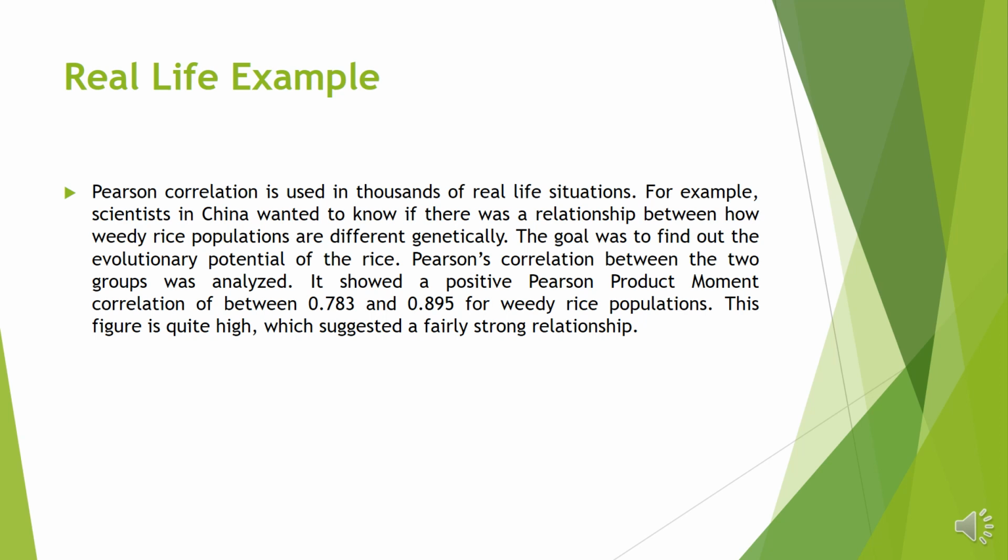The goal was to find out the evolutionary potential of the rice. Pearson correlation between the two groups was analyzed. It showed a positive Pearson product moment correlation of between 0.783 and 0.895 for the VD rice population. This figure is quite high, which suggested a fairly strong relationship.